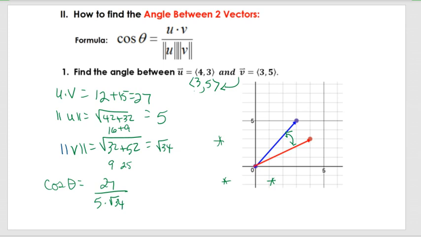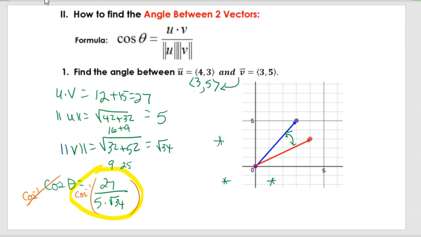All right, well, that means that you do inverse cosine of both sides, cosine inverse, cosine inverse. So once I have that, I'm going to turn it on, second cosine of 27 divided by parentheses 5 times the square root of 34.